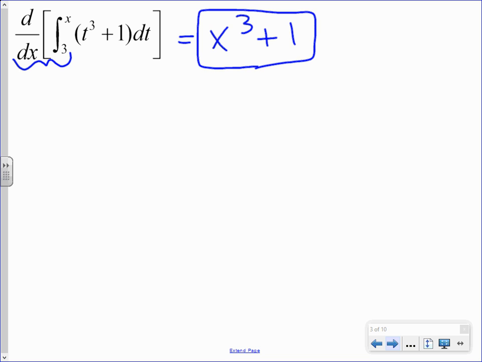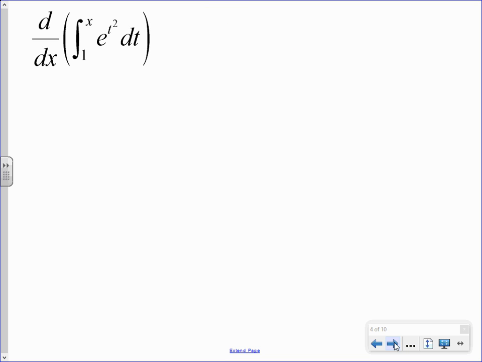Plug in that x into your function. Let's try that again. Most of the work is coming from writing down the problem.